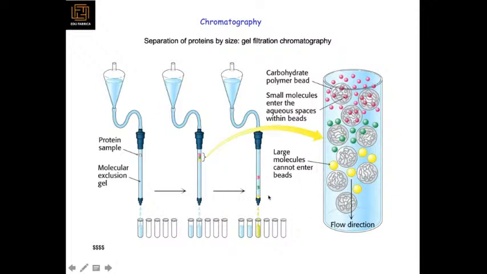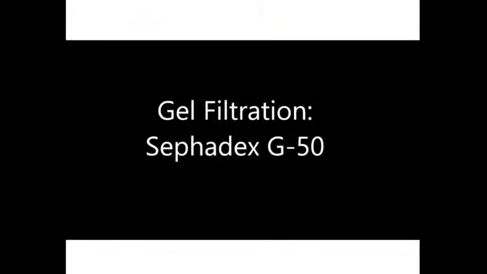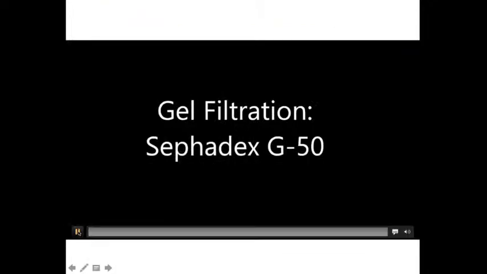So the yellow one will flow fast, the green one later, then the red ones. So for separation of proteins, here we have large and small molecules, and they are being separated via polymer beads. So let's check how we do this technique.